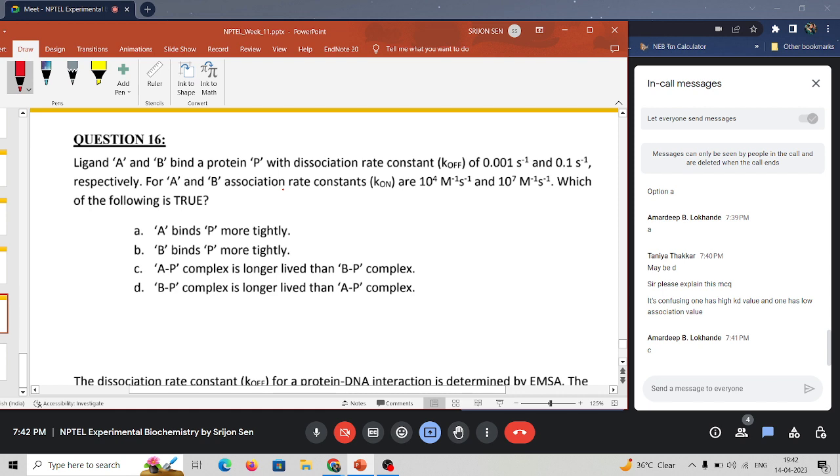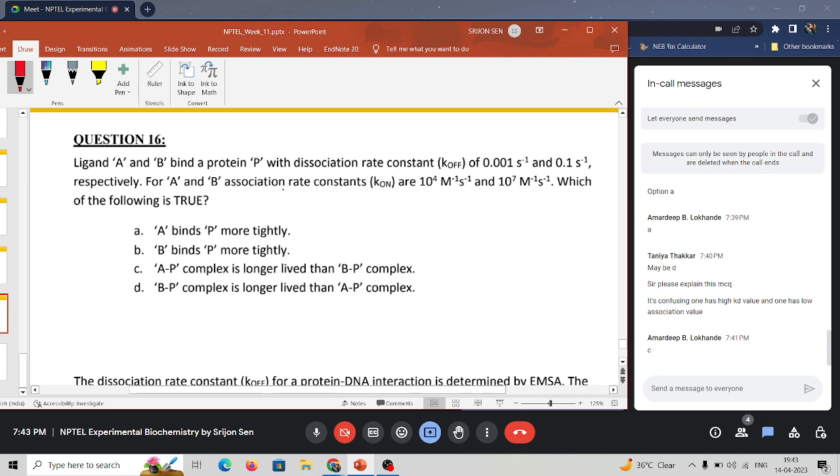The other thing which you can tell from the first statement is the K off value, 0.001 second inverse and 0.1 second inverse. You can tell that your AP complex is longer lived than your BP complex. So here you can comment on the longevity of the two complexes. The lower your K off value is, the longer your complex is going to live. That is simple.